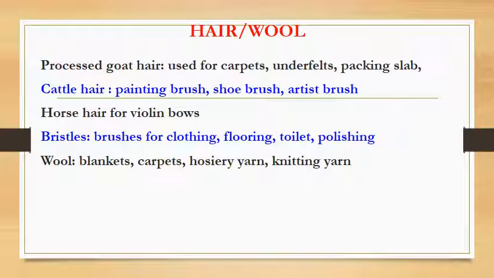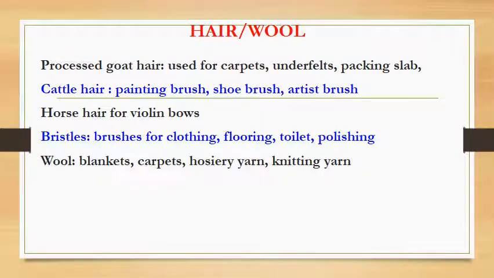Now about hair and wool. Processed goat hair is used for carpets, underfelts or packing slabs. Cattle hair can be used for paint brushes, shoe brushes, artist brushes. Horse hair for violin bows. Bristles like pig bristles can be used for brushes for clothing, flooring, toilet, polishing.